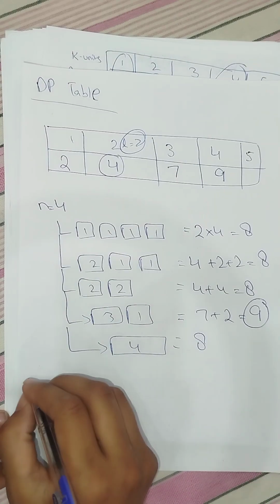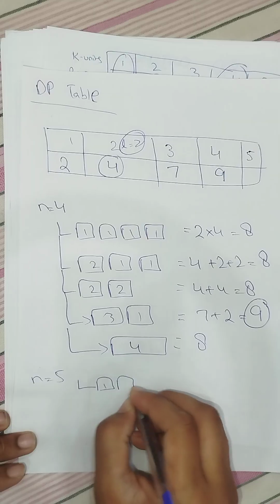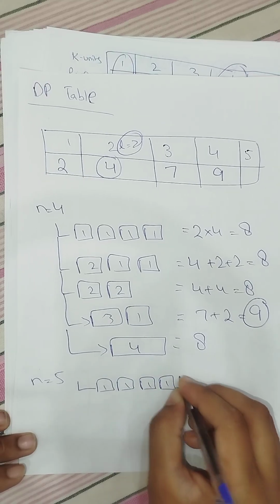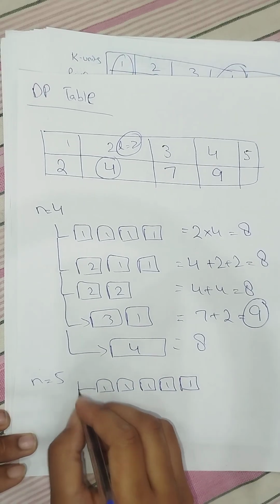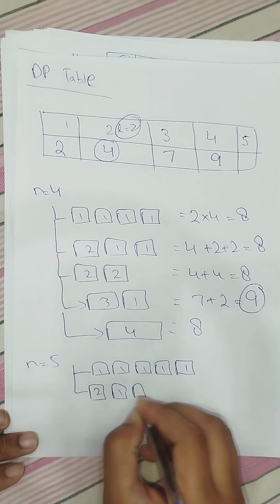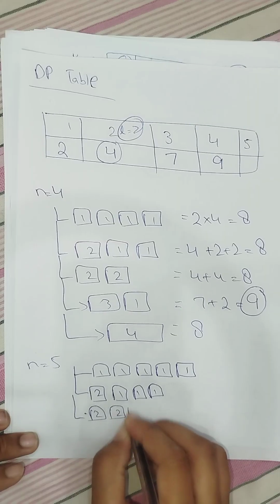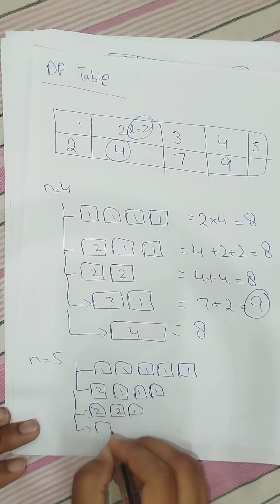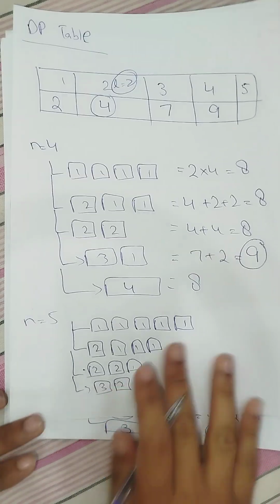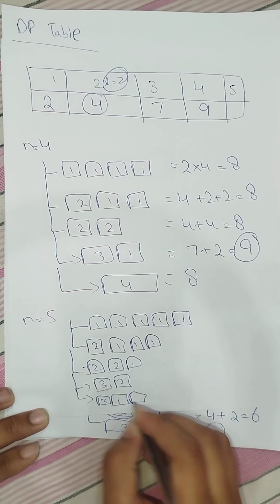So for length 5, n is equal to 5, the possible ways are 1 1 1 1 1. We can break it into 5 parts, each of length 1. Then we can break this as 2 2 1. Then we have an option of 3 and 2. Then we can go for 3 1 1.